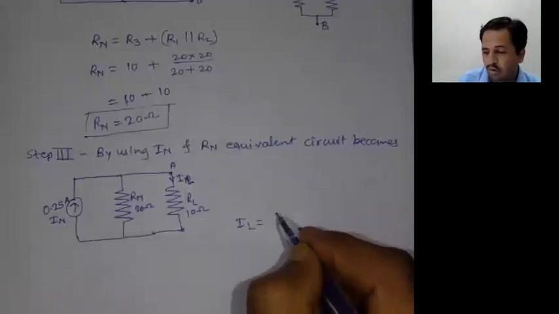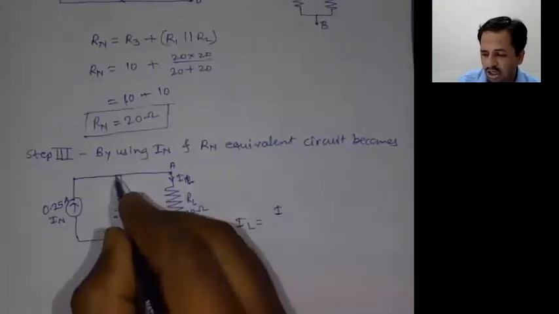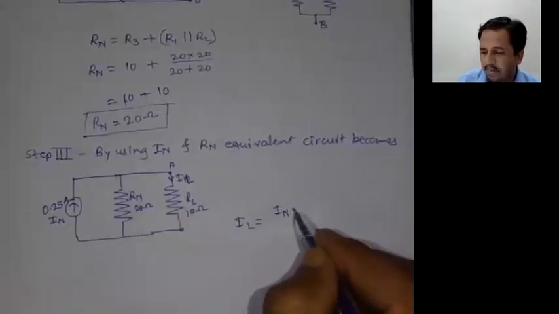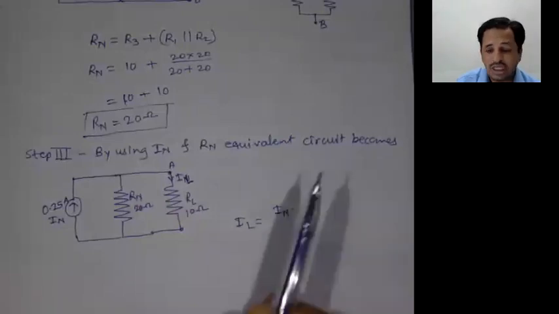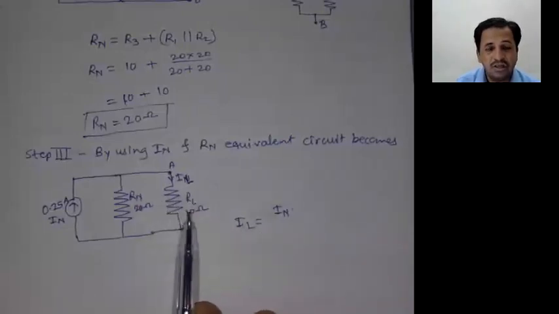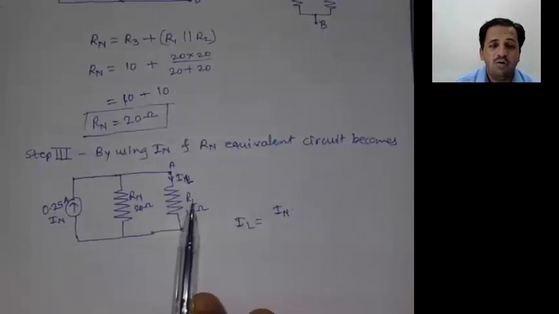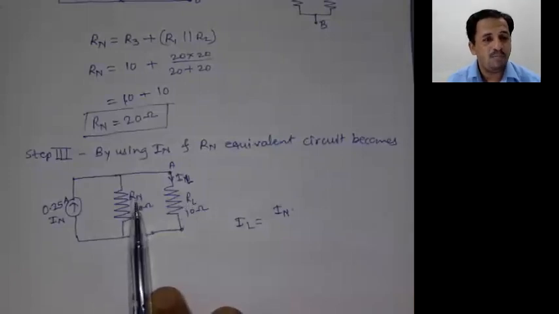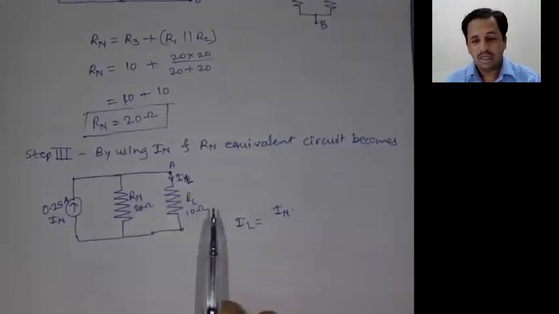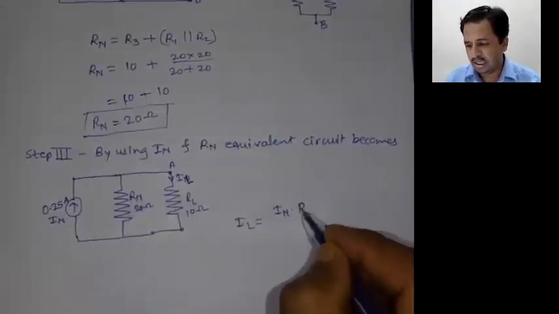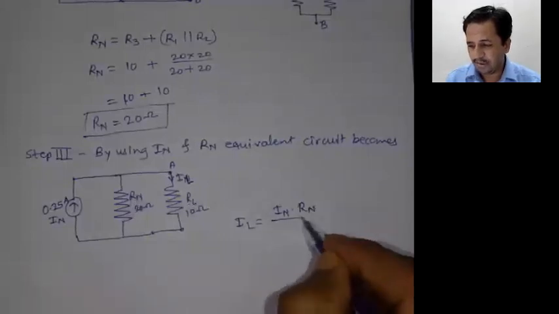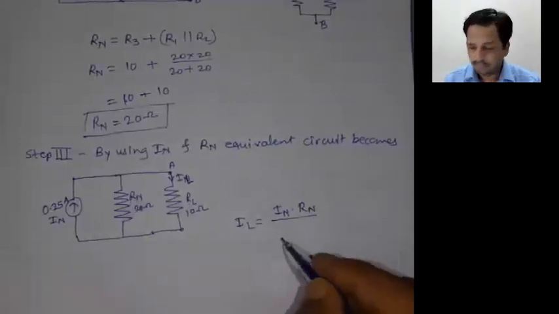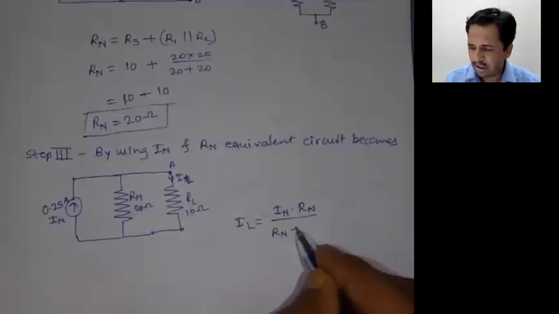We must know the current at this terminal, it is IN into, now if the current flowing through this component is required, we have to take the other resistance. If we require the current flowing through this component, we have to take this resistance. So it is RN upon RN plus RL.